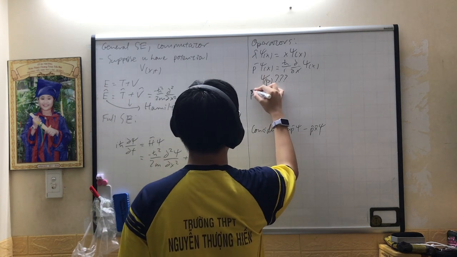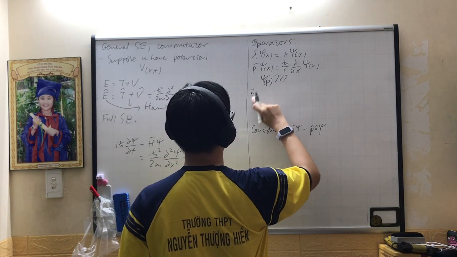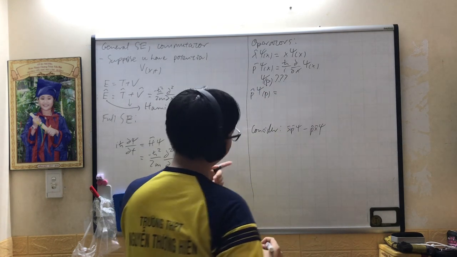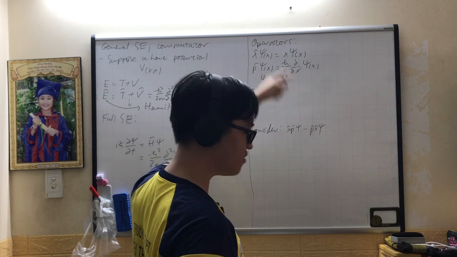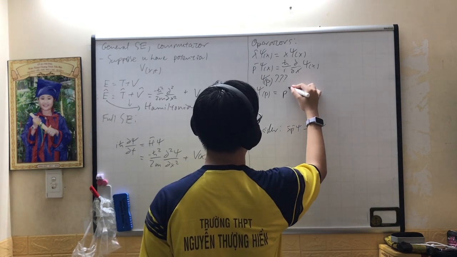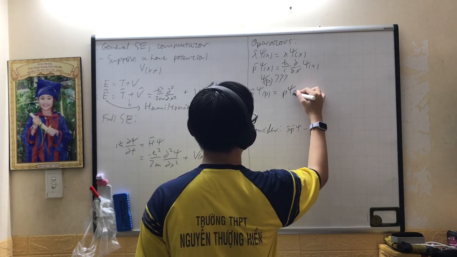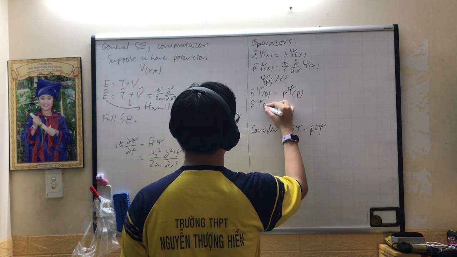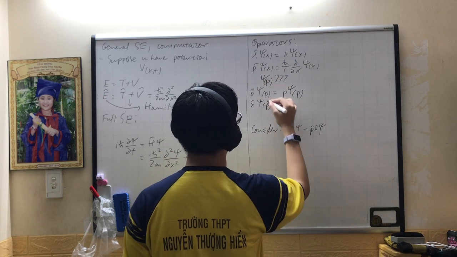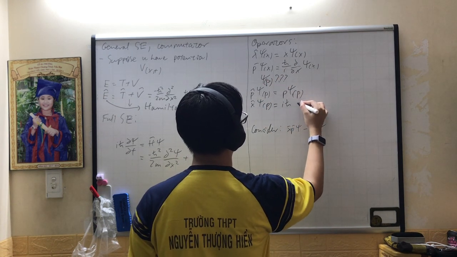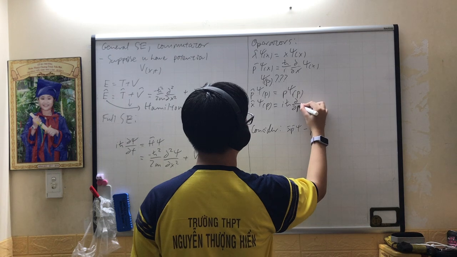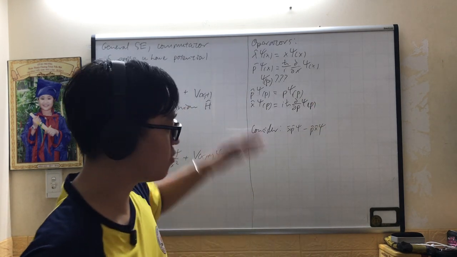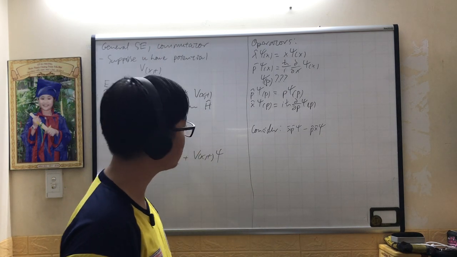You would have p hat on a function of p being the same as x hat on a function of x: it would be p times psi of p. And with x, it would look kind of like the p operator on here, but not quite: it would be i h bar d/dp of psi of p. Yep, I just want to mention this early on first.